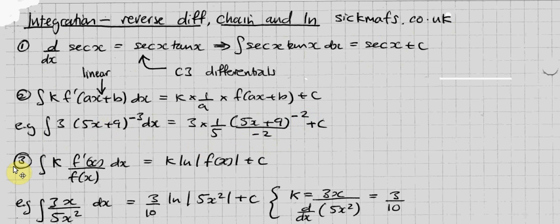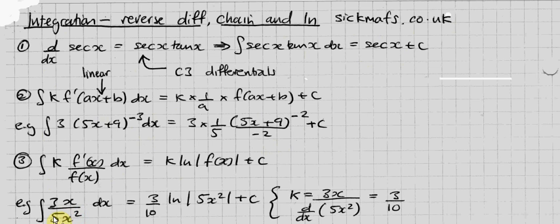Now, finally, we're going to do one that ends up with a ln, but you have to do a little test first to see if it's the right situation. And the right situation is where you have a fraction where the top is a differential of the bottom times a k. Now, it's not completely straightforward if it's true. Let's take this example here.